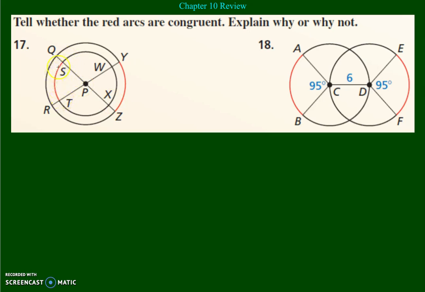Now, arc ST is congruent to arc WX, and arc QR is congruent to arc YZ, just as SW is congruent to TX and QY is congruent to RZ. What's required for congruence is that the arcs must be in the same or congruent circles, and they have to have the same measure.